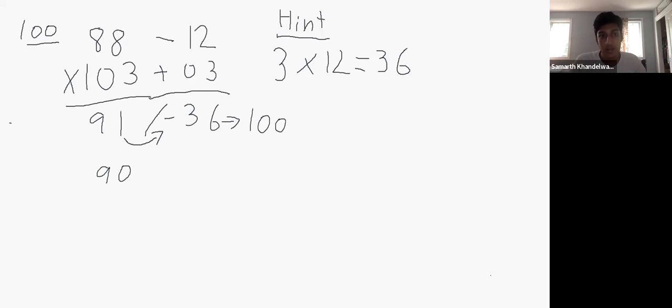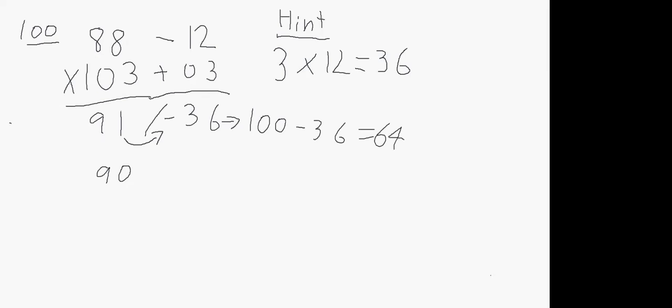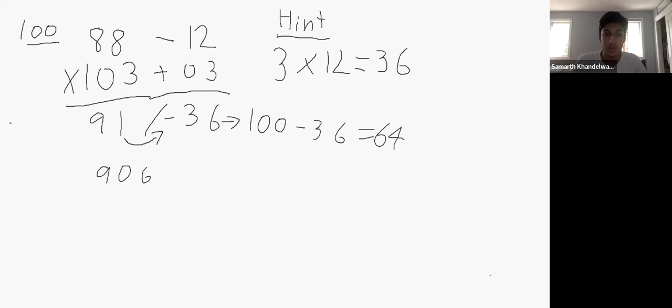So when you bring this over, you need to have 100, not 10. This was a little bit of a trick, to see if you could figure out that you would need 100 instead of 10. Now 100 minus 36 equals 64. And so the right-hand side becomes 64, and your answer becomes 9064.